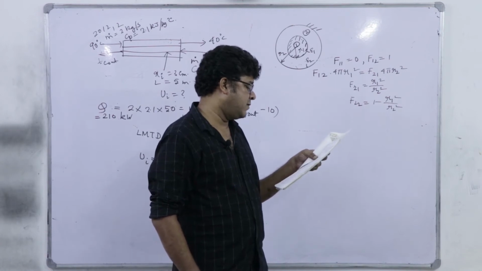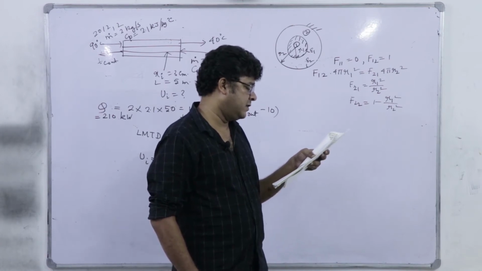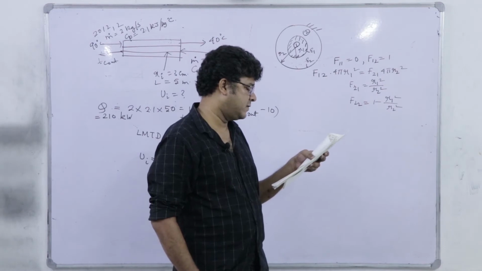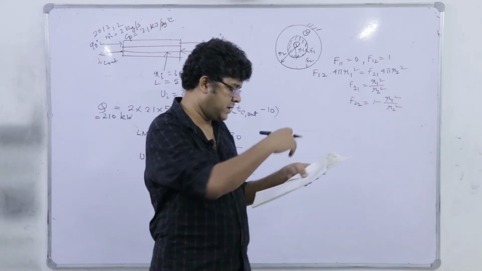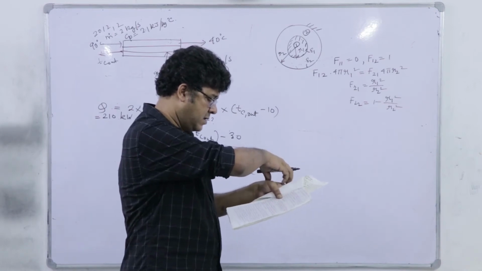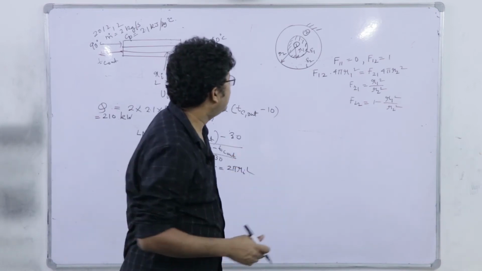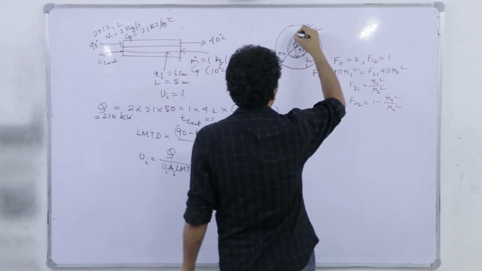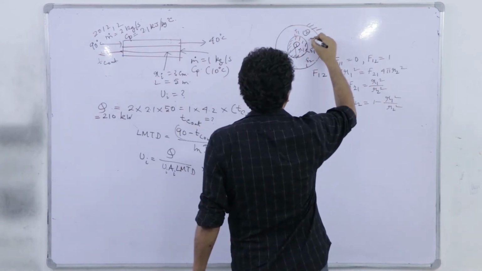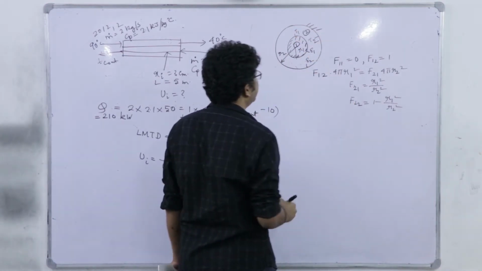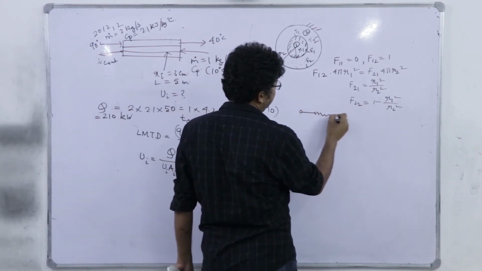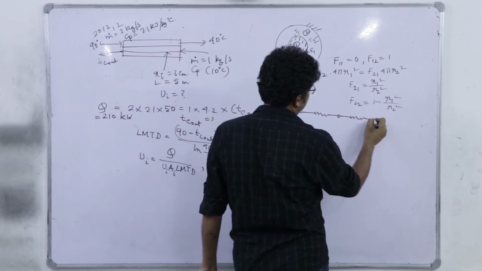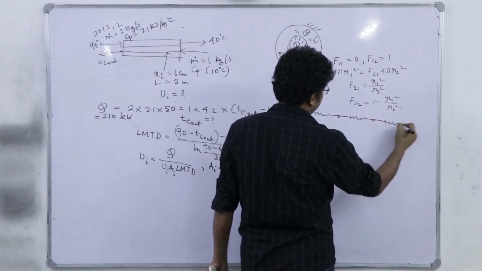The net rate of radiation energy gained by the inner surface is asked, and the temperatures T1 and T2 are also specified. So you have to go by the electrical network diagram.